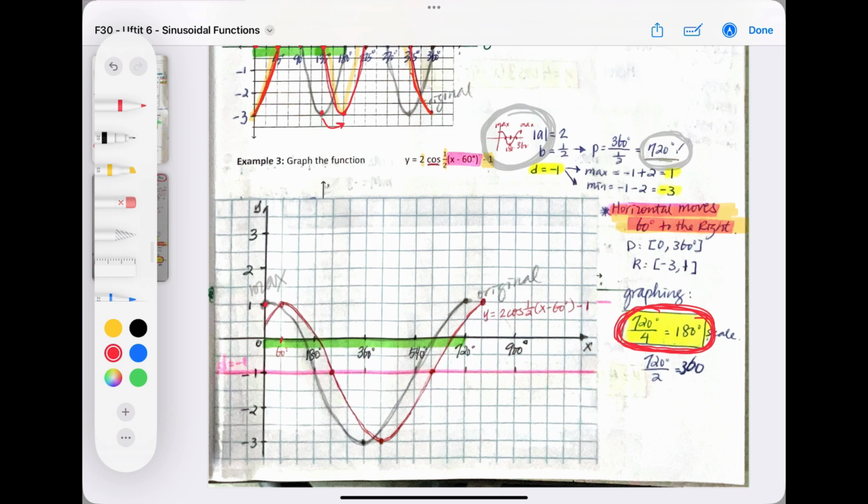So the maximum is no longer at 0 when x equals 0, but is at x equals 60. So I just need to keep each of my points moving. So this point is moving 60 to the right side. This original point is moving 60 to the right side, and this original point is moving 60 to the right side, and this original point is moving to the right side 60 degrees.